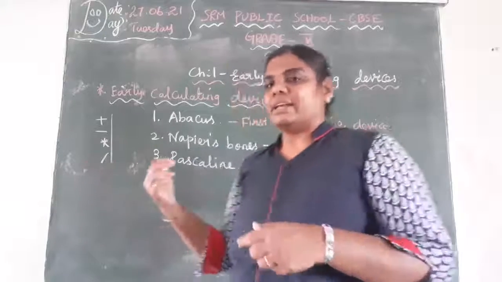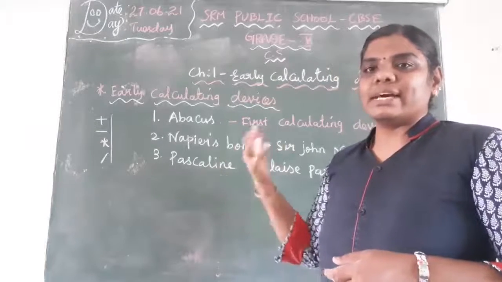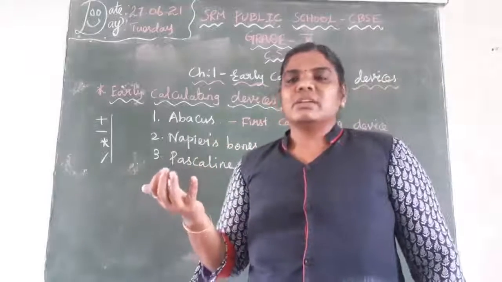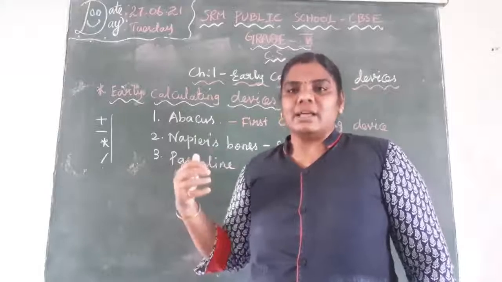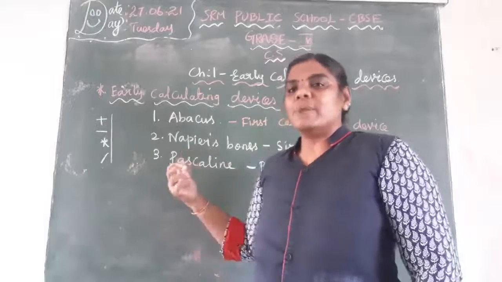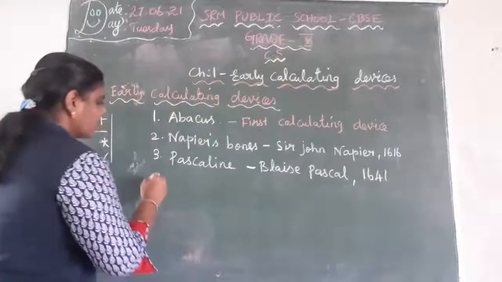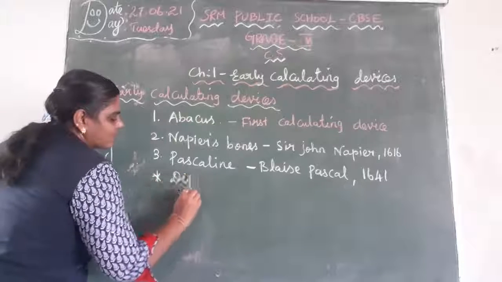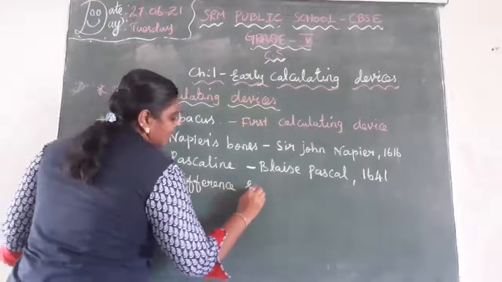Okay, it is used to add bigger numbers. In the earlier days, people didn't know the numbers, right? So the Pascaline was used not only to add, but for all operations from 100 to thousands. Okay. Next one, difference engine.